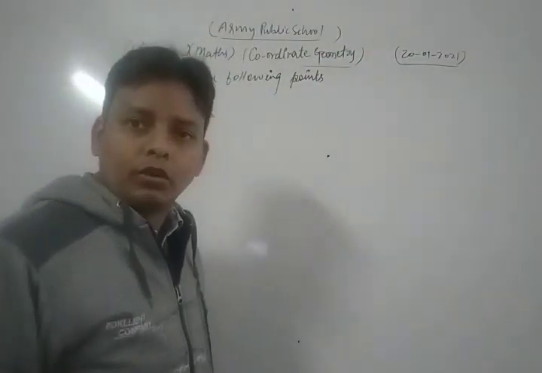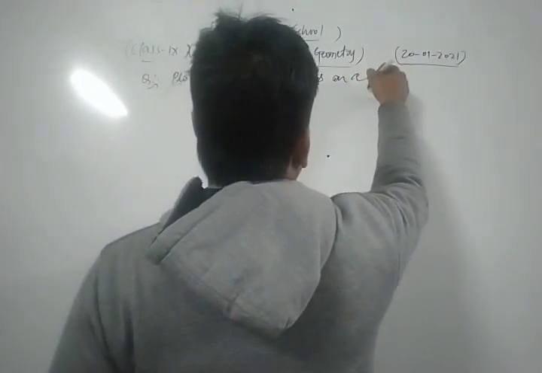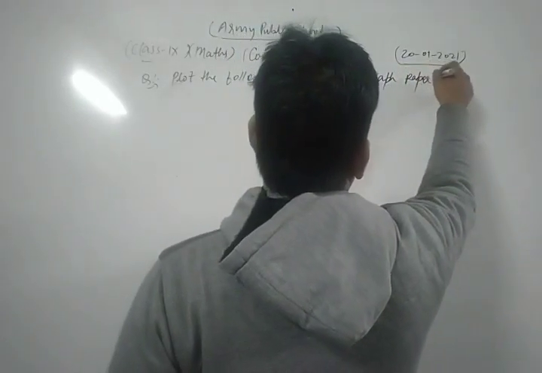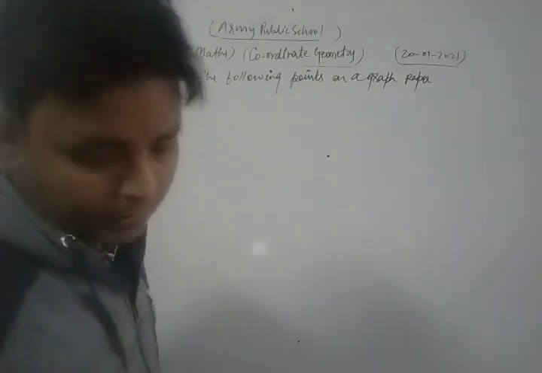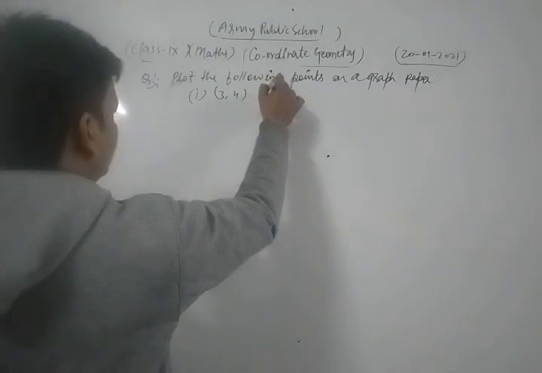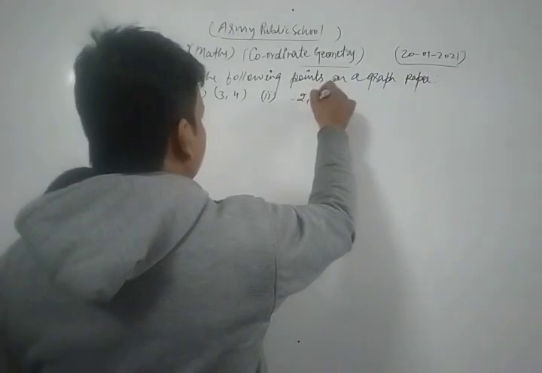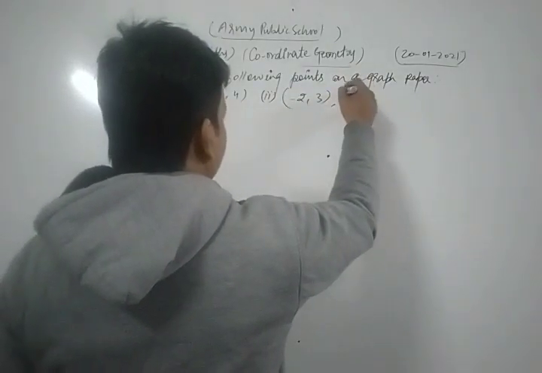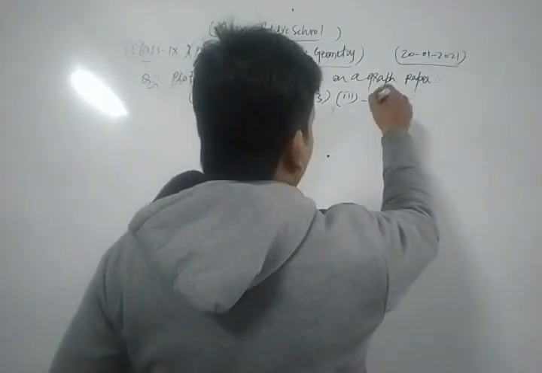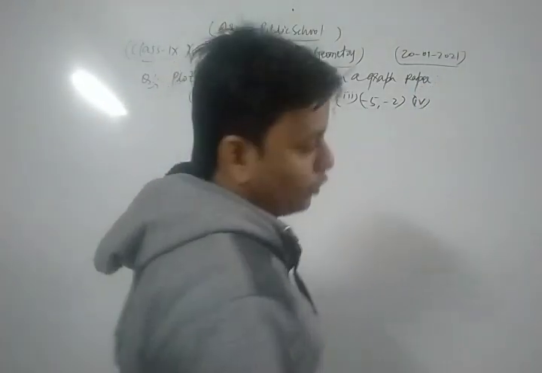Plot the following points on a graph paper. The first part of this question is (3, 4). The second one is (-2, 3). The third one is (-5, -2). And the fourth one is (4, -2).